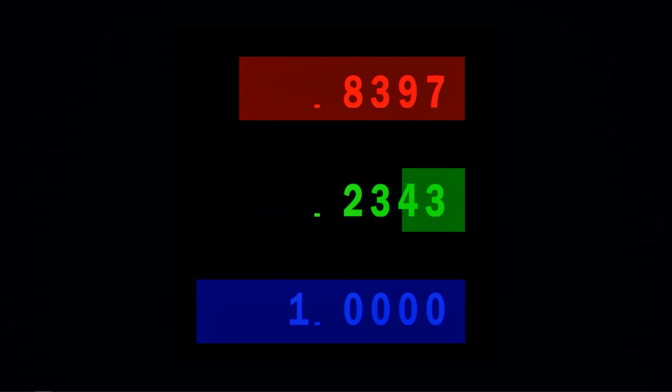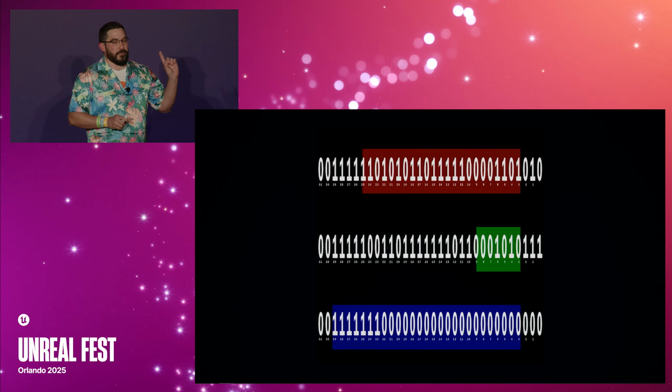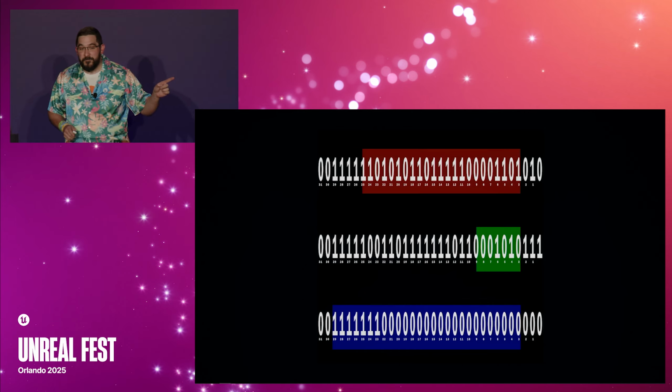And those proportions are represented by numbers, 83% red, 23% green, 100% blue. Now here's the thing about 32-bit floating point numbers: they're actually 32 booleans wearing a trench coat. Thank you for sticking with me on that one.